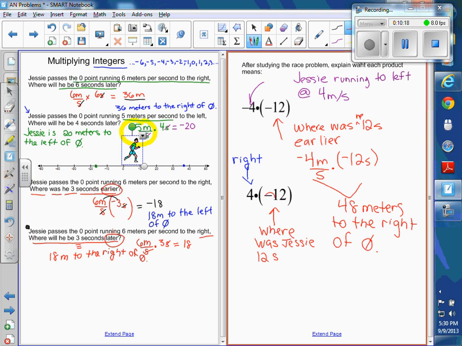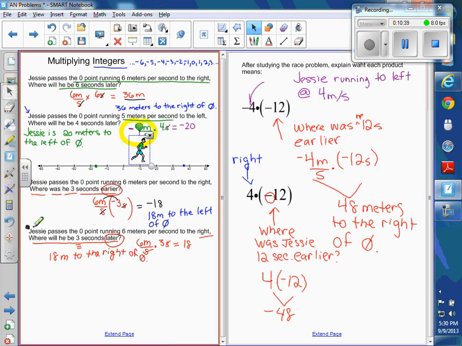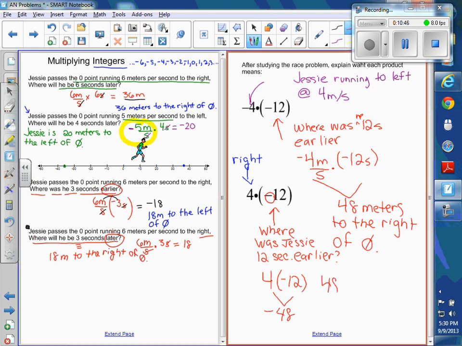But since time is negative, we're going to say earlier. And the answer would be 4 times negative 12, which is negative 48, because earlier, if he is really going to the right, he would have been on the left side, over here. So he would have been 48 meters to the left of 0.